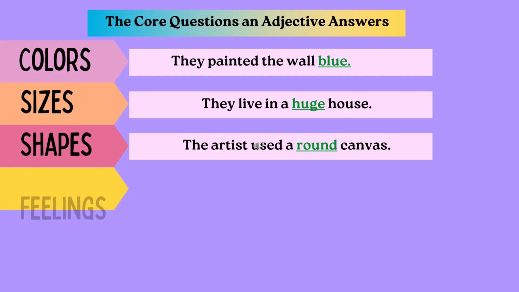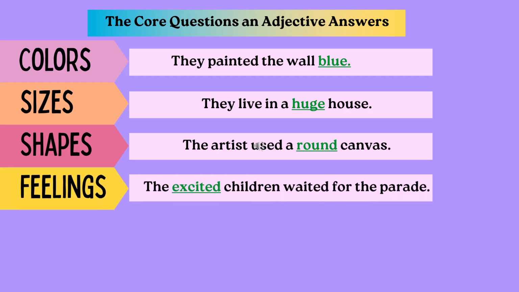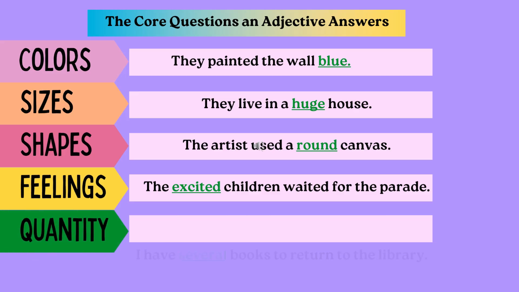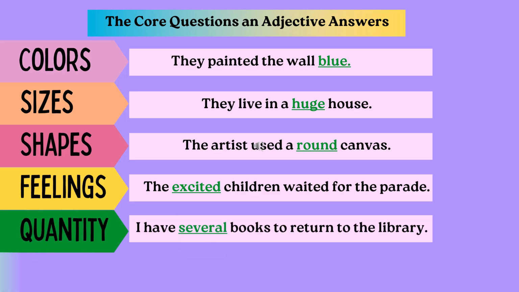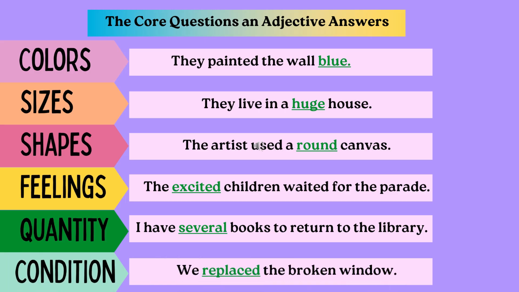Round. The excited children waited. What kind? Excited. I have several books. How many? Several. We replaced the broken window. What condition? Broken. By answering these simple questions, adjectives provide all the essential details.